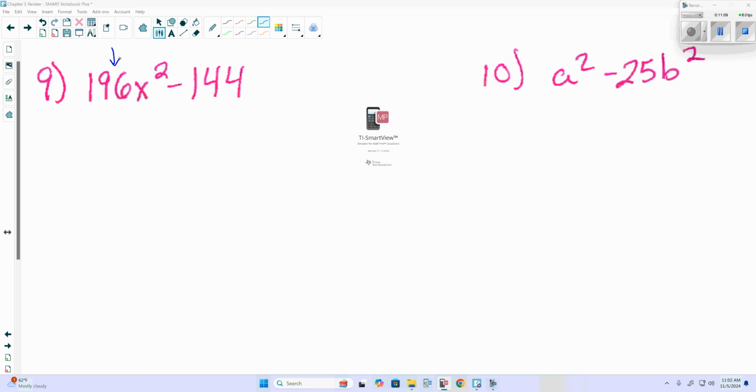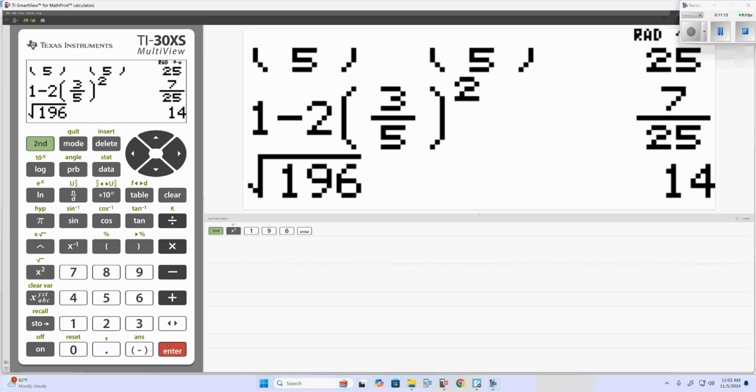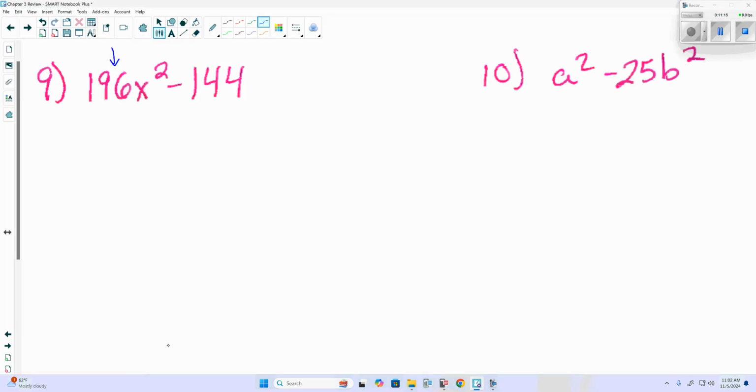Is 14. So this here, what times itself is 196. 14. Yes. And what times itself is 144 is 12. So what we would get is 14x plus 12 times 14x minus 12.